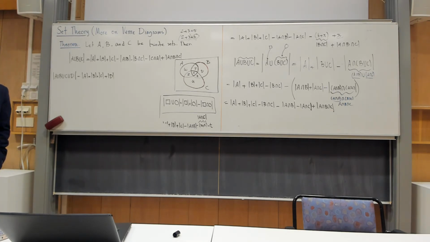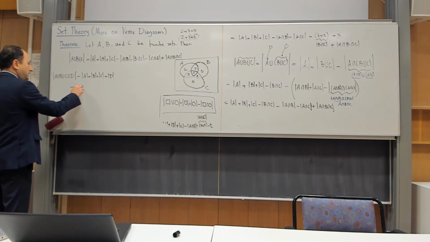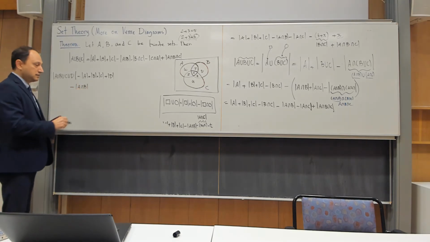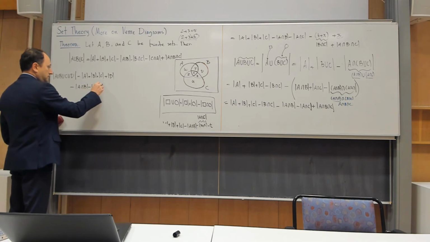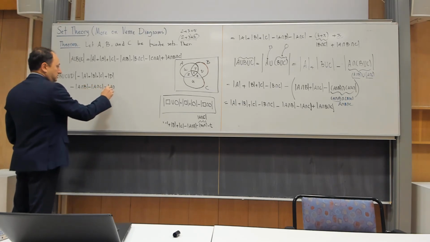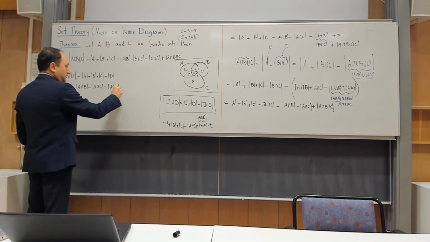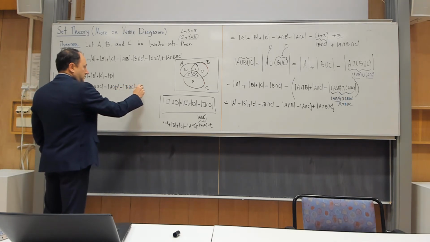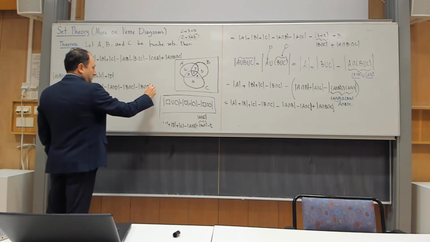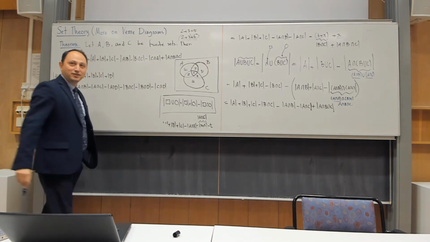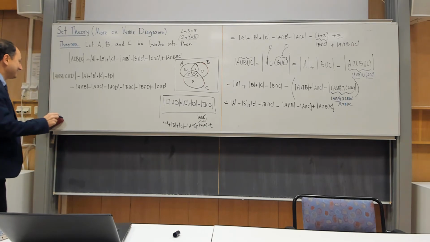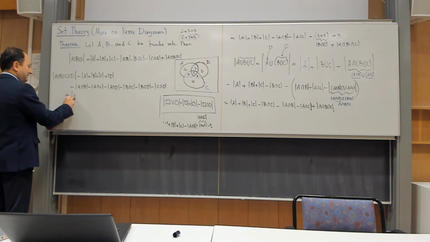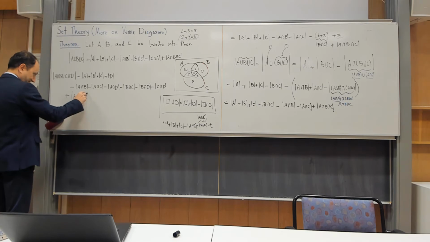Minus cardinality of A intersection B. Minus A intersection C. Minus A intersection D. Minus B intersection C. Yes, very good. Minus B intersection D. Minus C intersection D. Yes. Okay, the next plus, yes. A intersection B intersection C intersection D.